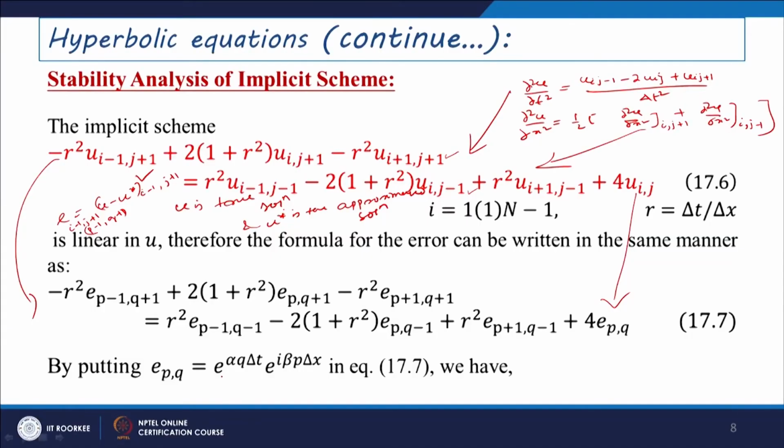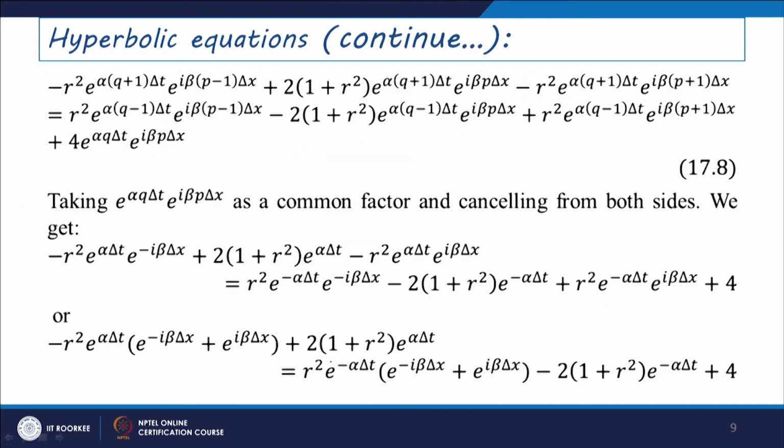So, if you put here E of p q equal to e to the power alpha q del t and e to the power I beta p delta x, then we will have this equation in the form like minus r square e to the power alpha into q plus 1 del t e to the power I beta p minus 1 delta x plus 1 minus 1 plus r square e to the power alpha into q plus 1 del t e to the power I beta p delta x minus r square e to the power alpha q plus 1 del t e to the power I beta p plus 1 del x.